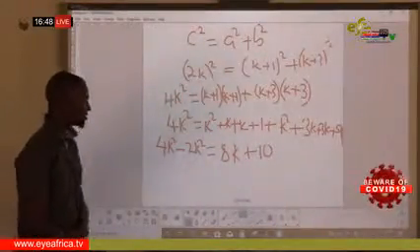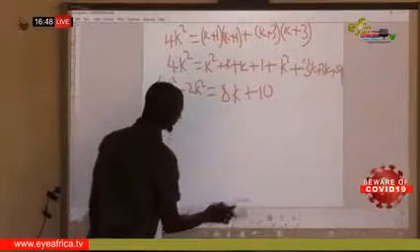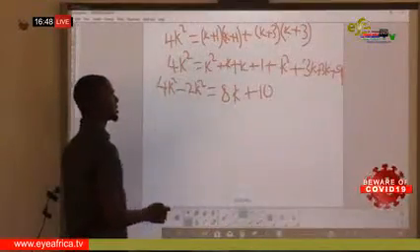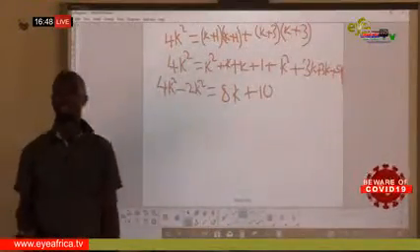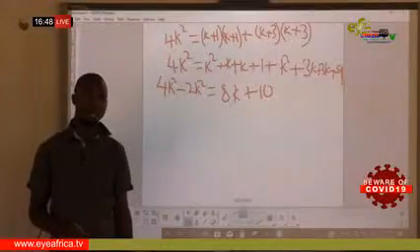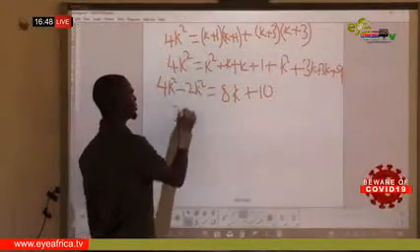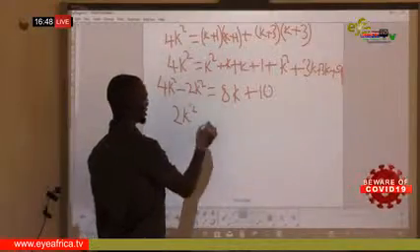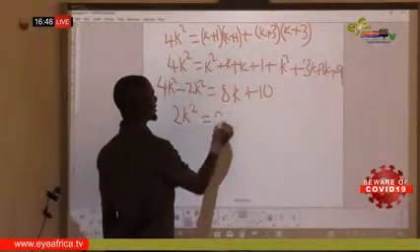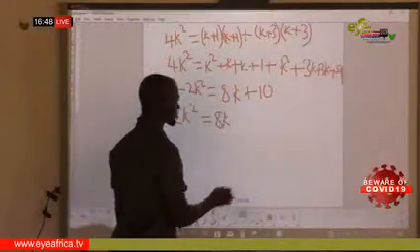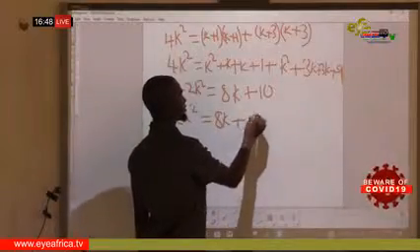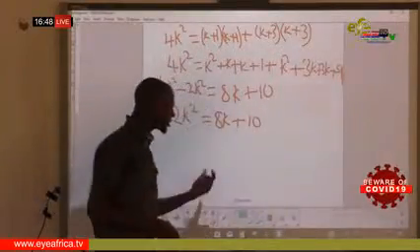Look at this properly. Do we have to do anything again? Of course, yes. We have 4k square minus 2k square. That is going to give us 2k square. So you have 2k square is equals to 8k plus 10.